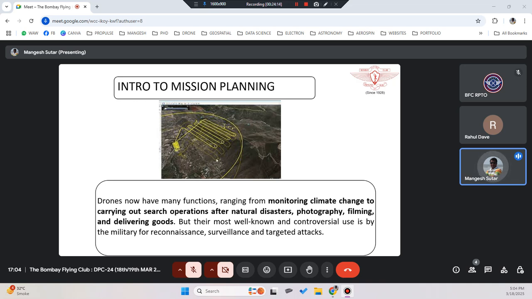The technology was used so that you can fly aeroplanes by remote control, and do reconnaissance, surveillance, or perform targeted attacks on enemy sites or locations.